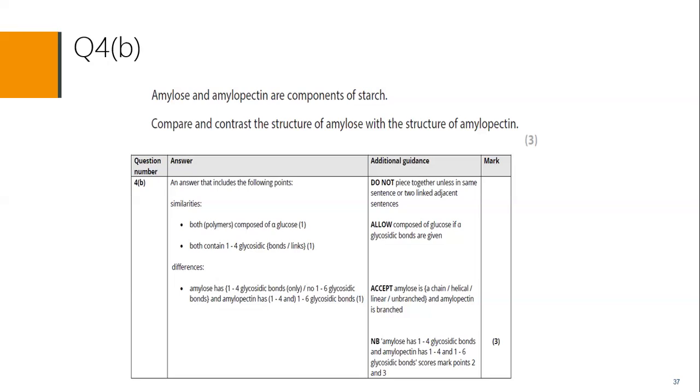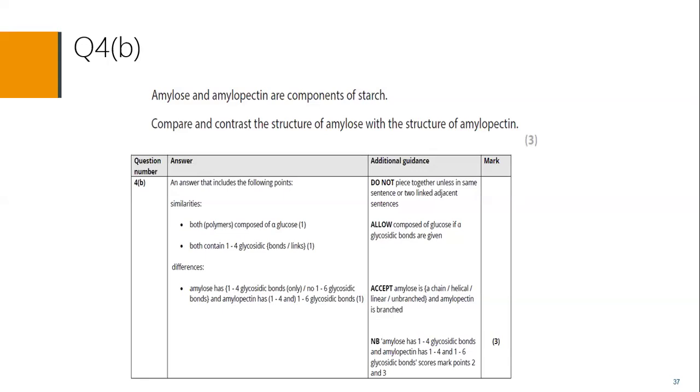In order to gain full marks, candidates need to give both similarities and differences. The mark scheme has 2 similarities and 1 difference for 3 available marks. You will see quite a lot of mark schemes with 2 similarities and 2 differences, but never more than that, so that they've got to give one similarity and 1 difference in order to get full marks.